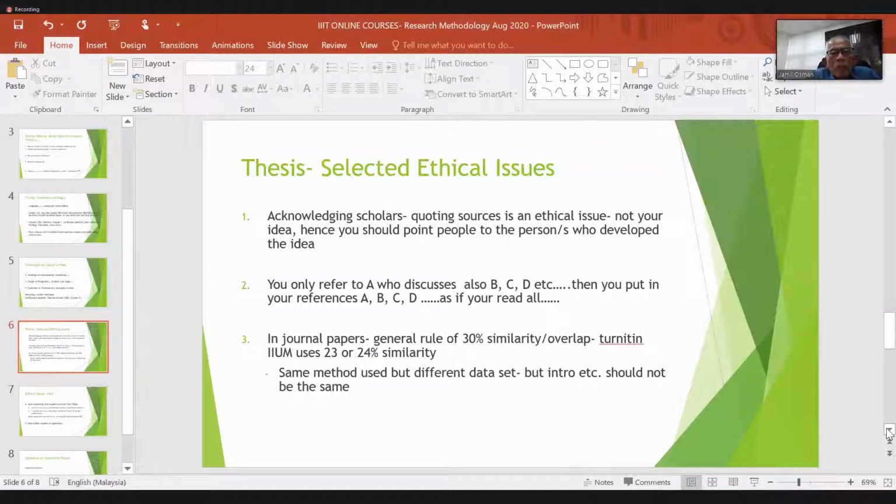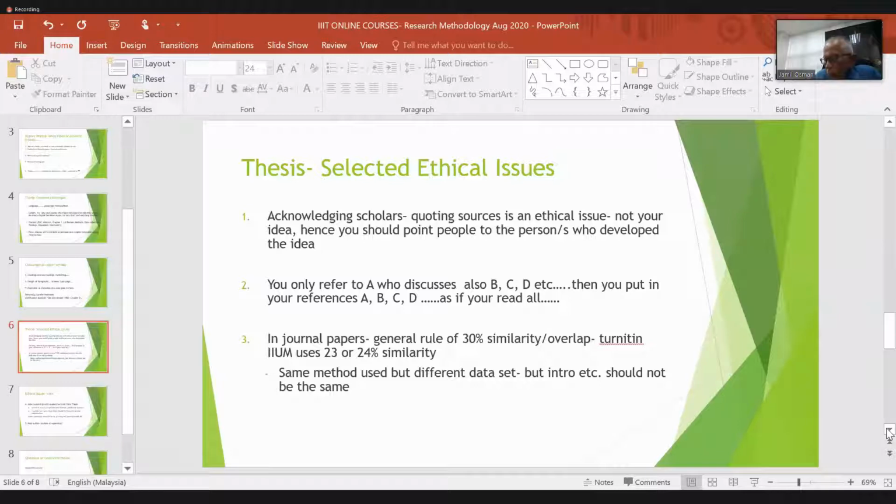Even in thesis, we put all our theses into Turnitin. There is a program that can actually measure the percentage of what they call similarity. So any thesis that has more than 23% or 24% similarity, our university will ask the candidate to relook at the submission because it doesn't pass the similarity index, the similarity level.